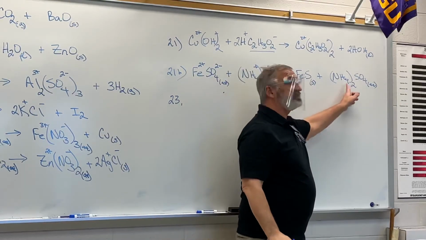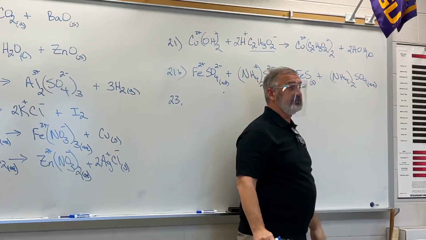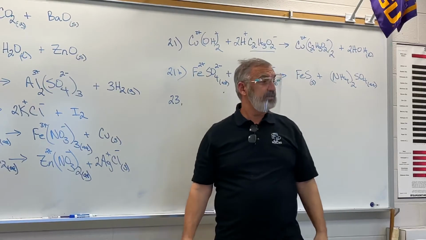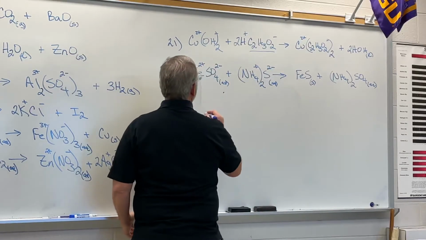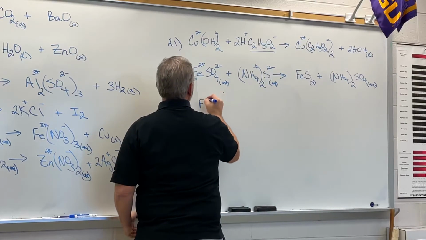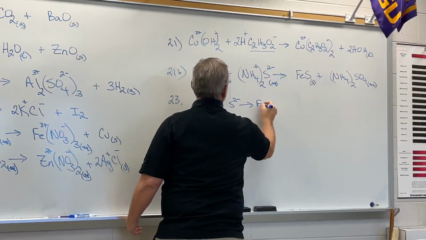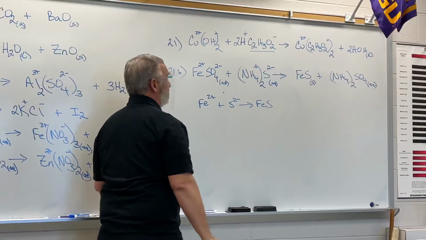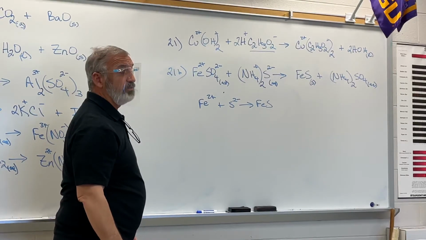It's always going to be the two things that are aqueous over here. Ammonium and sulfate. So then it'd just be iron plus sulfur, leading to iron sulfide. It's going to be Fe2 plus, S2 minus, making FeS. So there can be more than one spectator ion. There's almost always two. One positive, one negative.